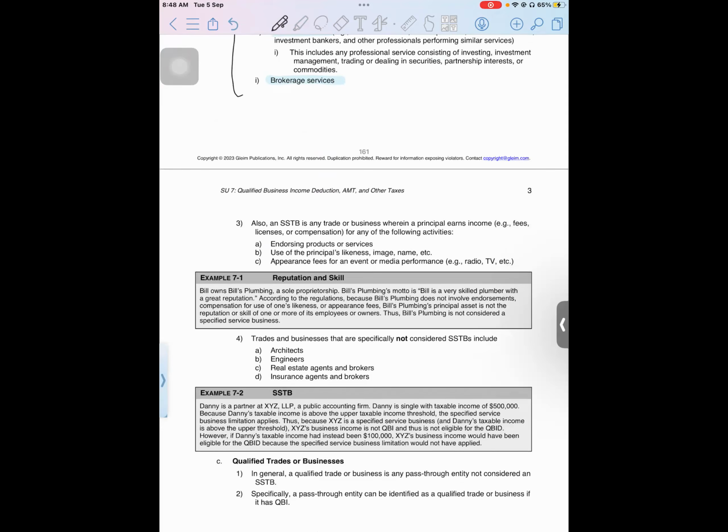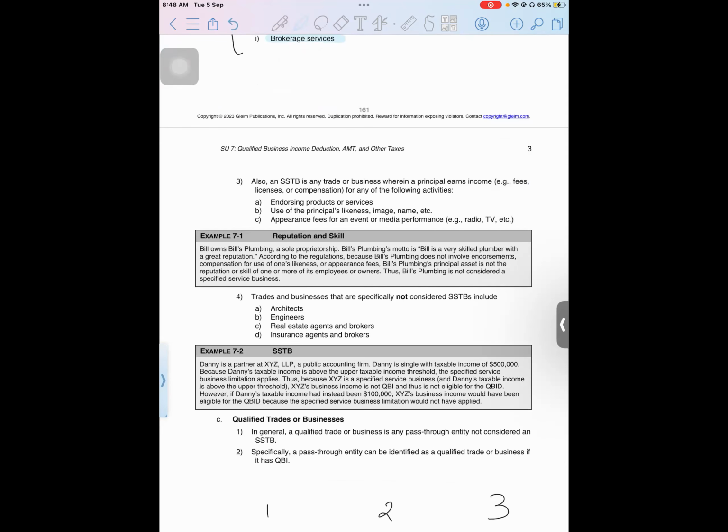Also, an SSTB is any trade or business wherein the principal earns income, that is fees, licenses or compensation, for the following activities: either endorsing a product or services, or use of the principal's likeness, image, name.